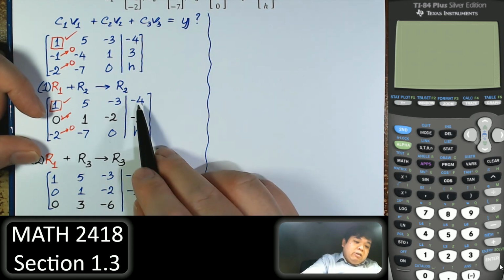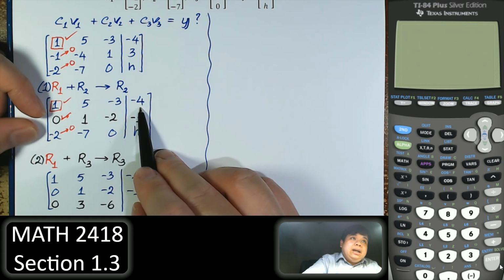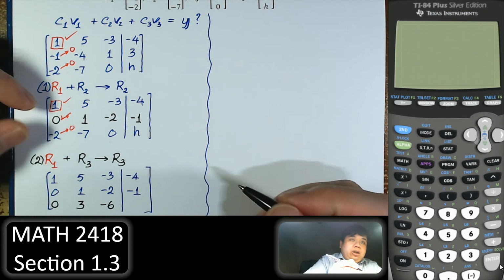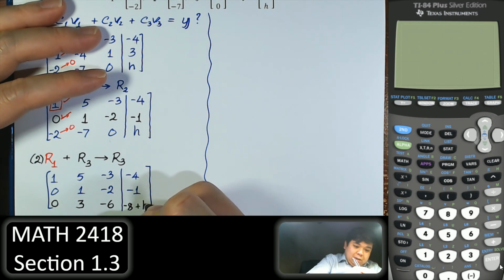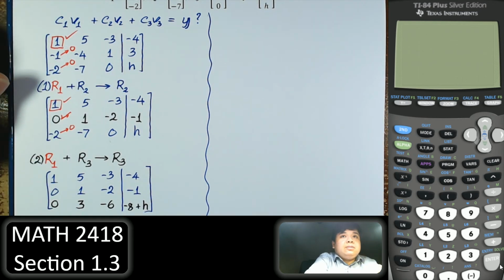And 2 times negative 4 is negative 8, plus 8. Negative 8 plus 8.